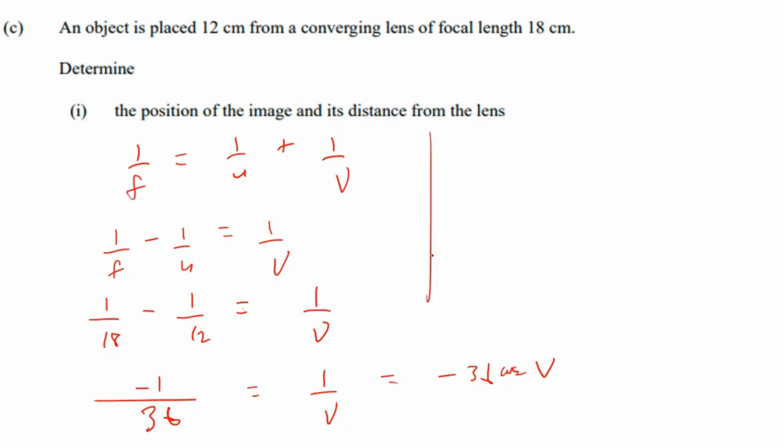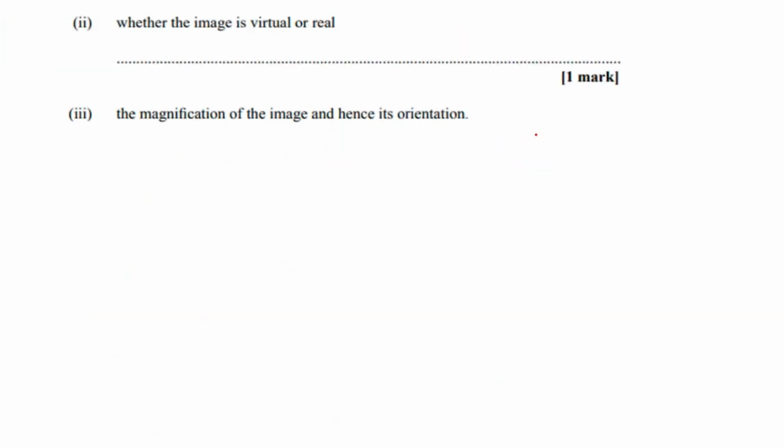Having said that, I think that completes that part of the question, other than the fact that we need to state that the image is going to be upright. Now they ask you whether the image is virtual or real. So remember, you were asking if you're talking about whether it's real or virtual, you can now know that that wouldn't work for the position.